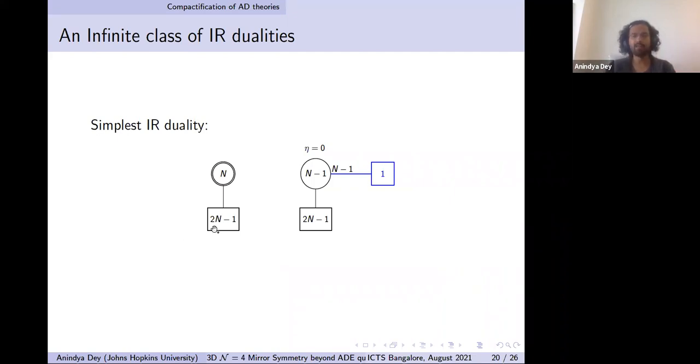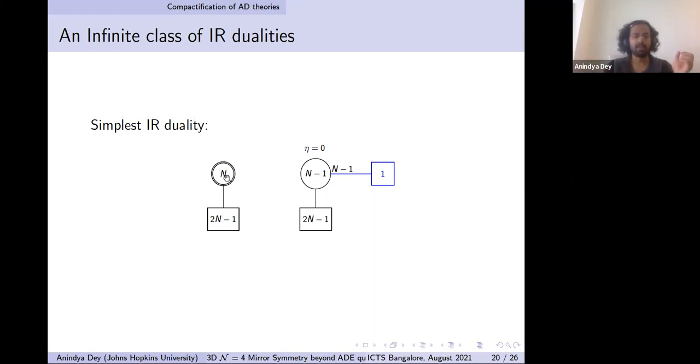You have an SUN with 2n minus 1 flavors on the one side, and you have a UN minus 1 theory with 2n minus 1 flavors on the other side. Additionally, the unitary theory has a single hypermultiplet, which is charged under the U1 subgroup of UN minus 1, and the charge is n minus 1. So the claim is that these two are dual to each other.